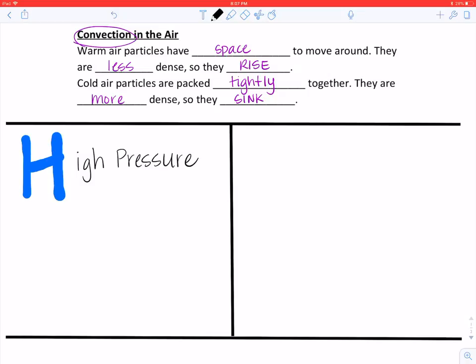Why do you think we colored the H blue? What does the blue color tell us? Good, it is cold air. What does cold air do? Good, cold air sinks. And why does cold air sink? Good, because it's more dense.